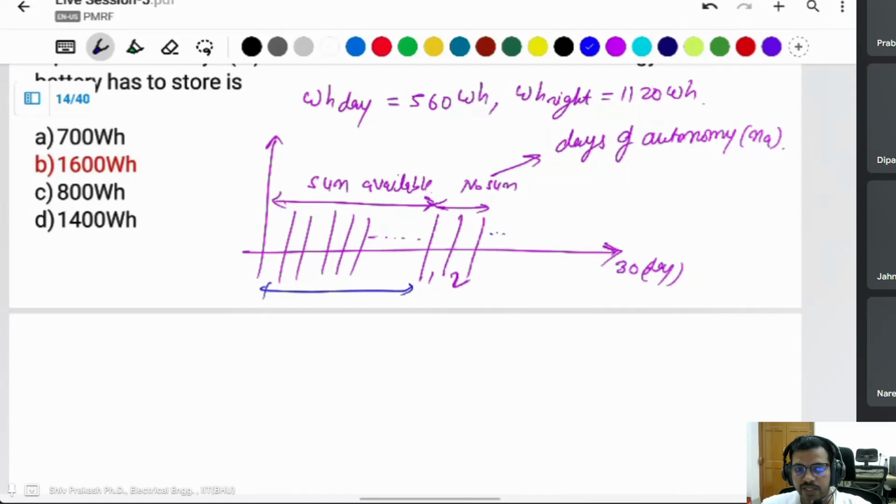It takes some days, 1 day, 2 days, or 3 days, to fully charge the battery, because where there is no sun, the battery is fully discharged within 2 or 3 autonomy days. The days taken to fully charge the battery are known as the days of recharge.